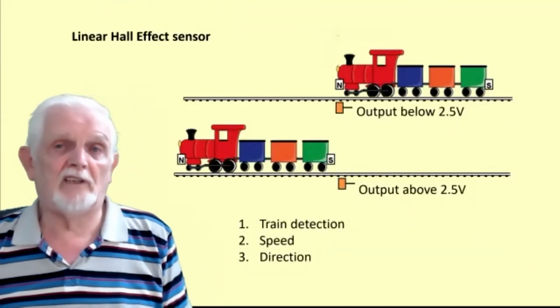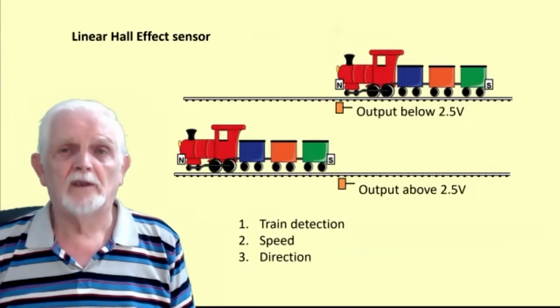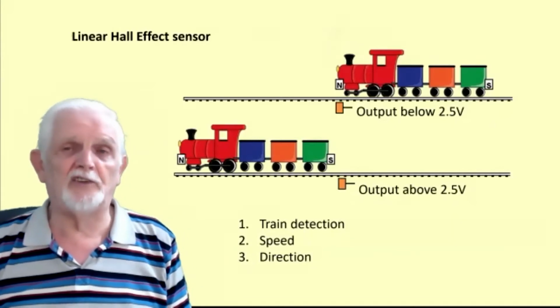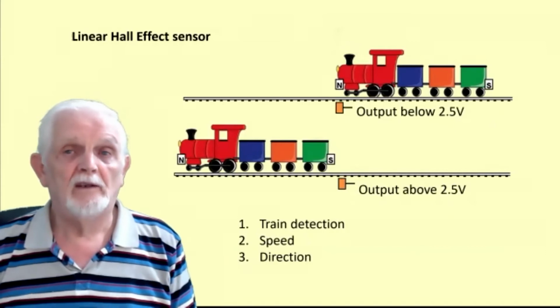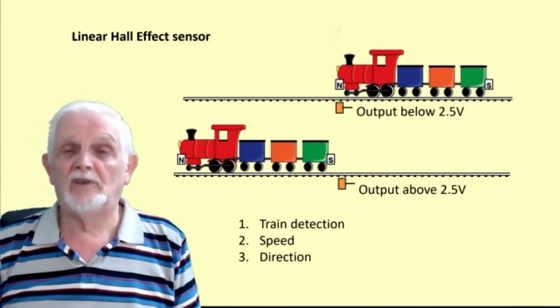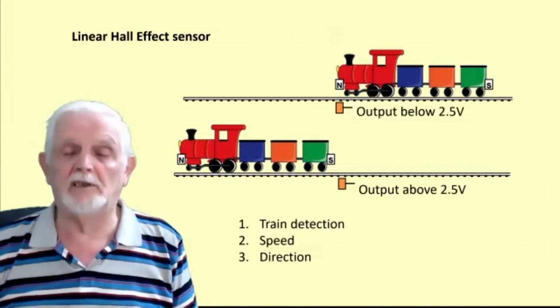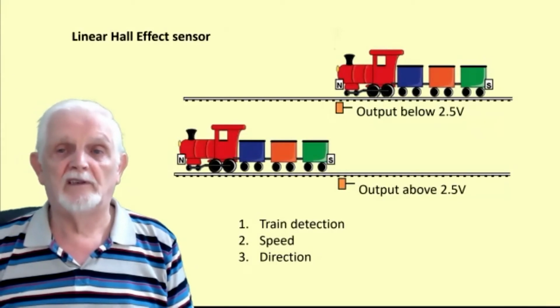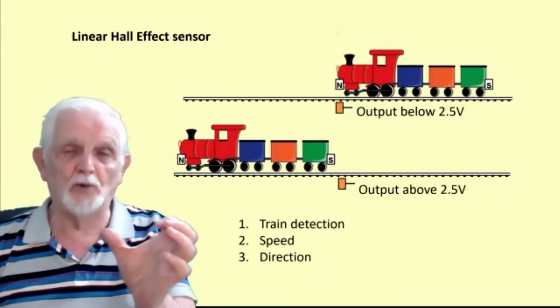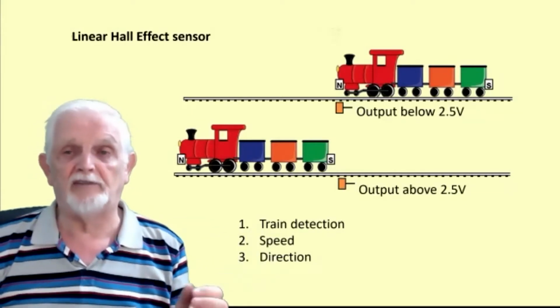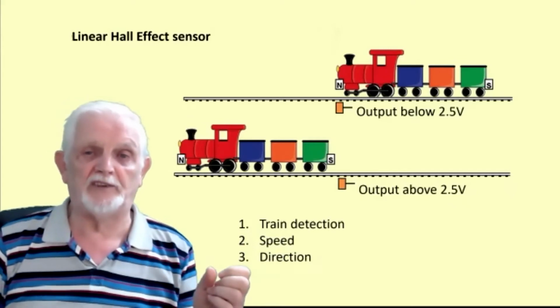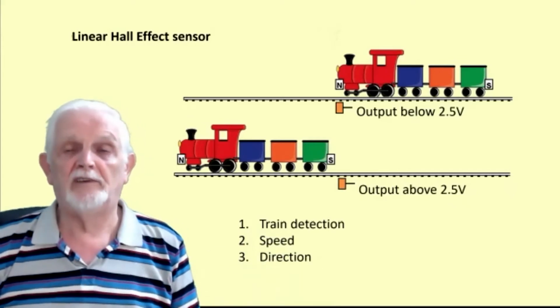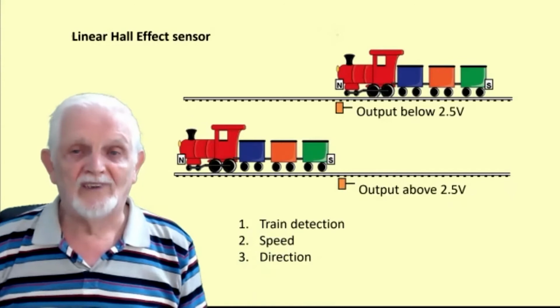We could use that. That's a very simple way to do it. You put a north pole at the front and a south pole at the end. So when the train comes in to that section and passes the Hall effect switch, the output drops below 2.5. And then once the loco passes, it goes back to 2.5. But when the last wagon passes, it goes above 2.5. So you now know various things.